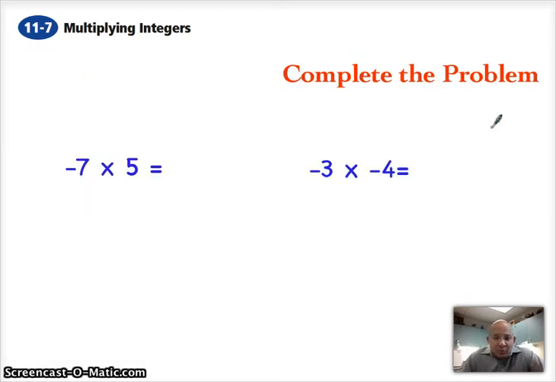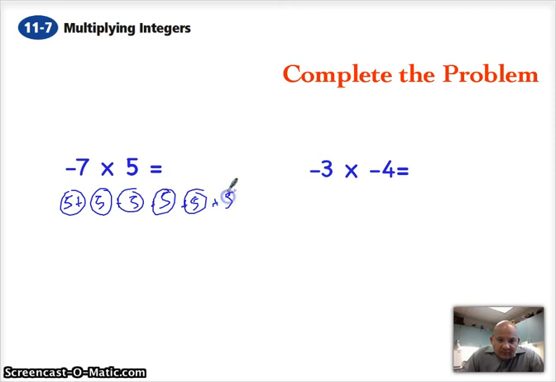So here are two problems that I want you to go ahead and solve. I have -7 times 5, which means the opposite of 7 groups of 5. So 7 groups of 5 means essentially 5 plus 5 plus 5 plus 5 plus 5 plus 5 plus 5.